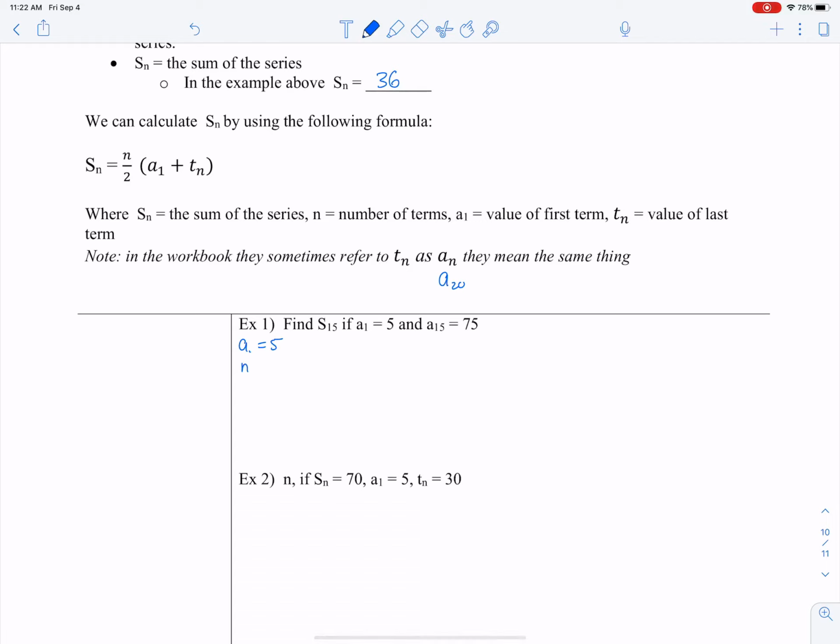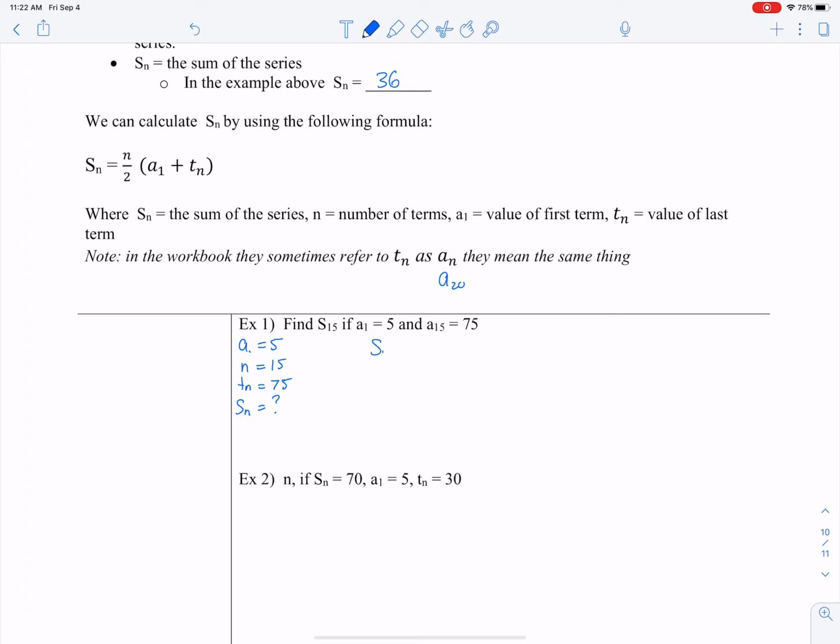We know N is equal to 15, since it says 15 numbers. Here, Tn is equal to 75. In this question they're calling it A15, but that means Tn. They're just labeling it differently. And then we need to find Sn is equal to question mark.